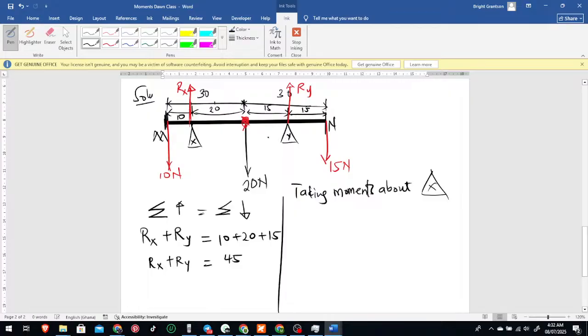Yes, sir. So if y is not there, which forces will become clockwise and which will become anti-clockwise? You can see that if this one is not there, this force will push this object downwards, and it will be moving like a clock. A clock has its hands. If the hand starts moving this way, it is clockwise.